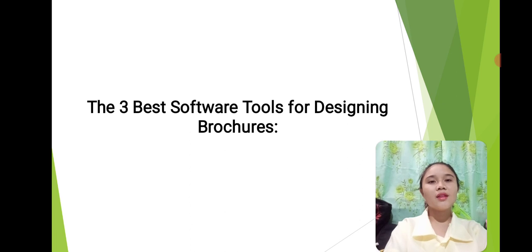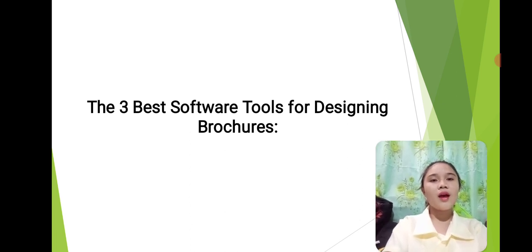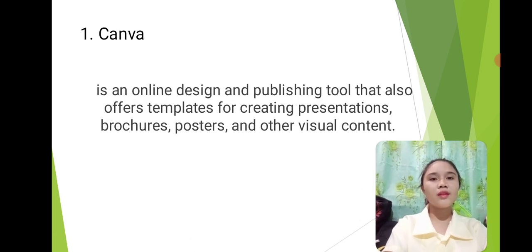The three best software tools for designing brochures. There are many software tools that we can use, but I will just pick the three that we usually use. Number 1 is Canva. It is an online design and publishing tool that also offers templates for creating presentations, brochures, posters, and other visual content.